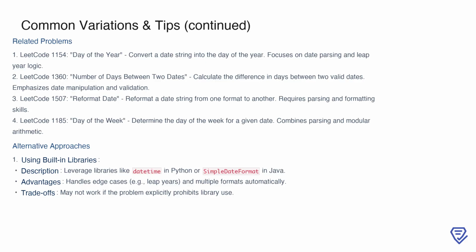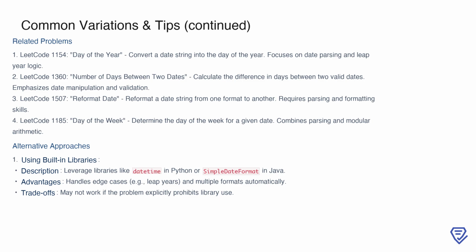Of course, the problem we're discussing, LeetCode 1507, Reformat Date, challenges you to reformat a date string from one format to another, requiring parsing and formatting skills. Lastly, LeetCode 1185, Day of the Week, asks you to determine the day of the week for a given date, combining parsing with modular arithmetic.